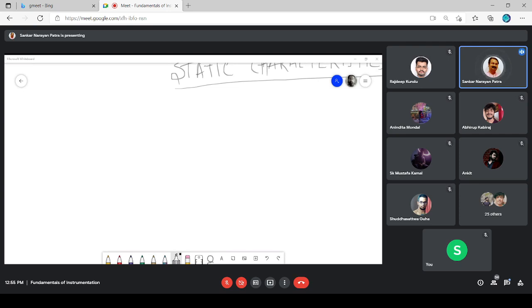Okay. What is the primary unit of weight? Like Rajdeep said. Anyone from you? Tuvalil Mandal? Tongram Saha?